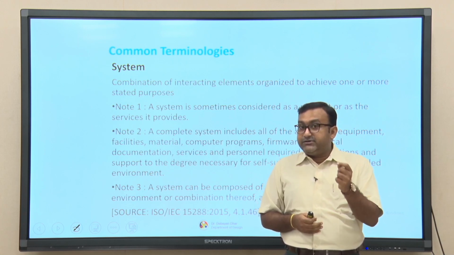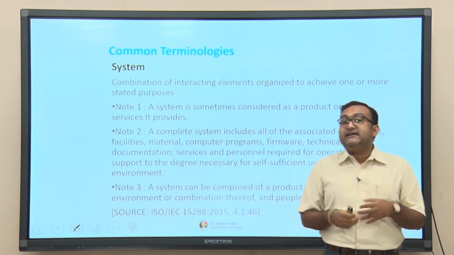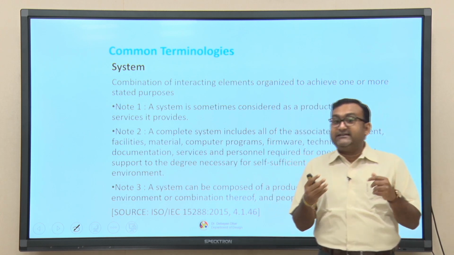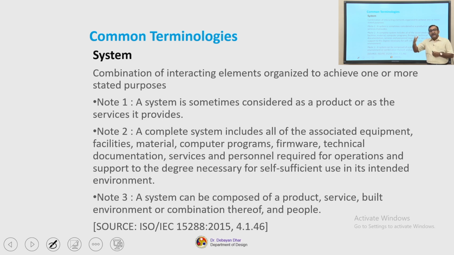It is important to understand here that a system is sometimes considered as a product or as a service it provides. It can be a service, it can be a tangible product, it can be software. The focus is that it helps the user to reach his or her objectives.